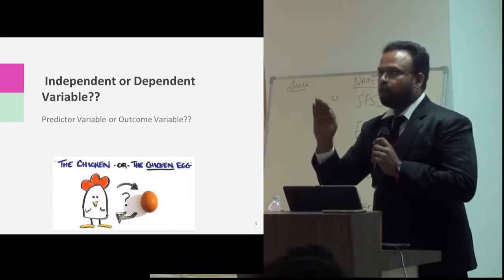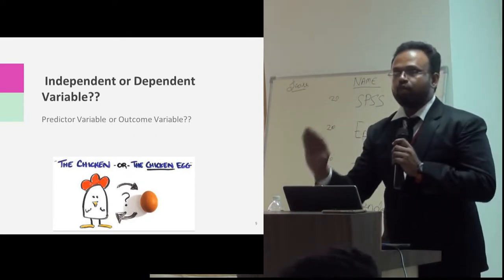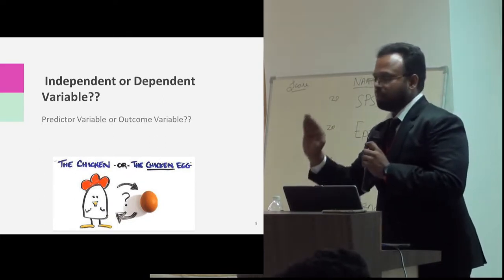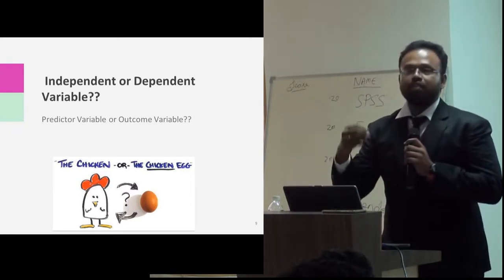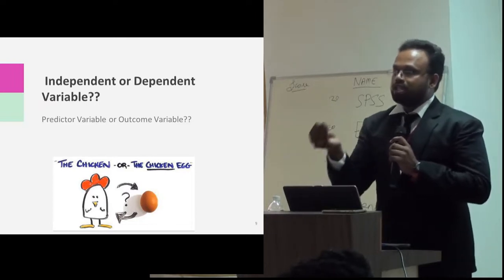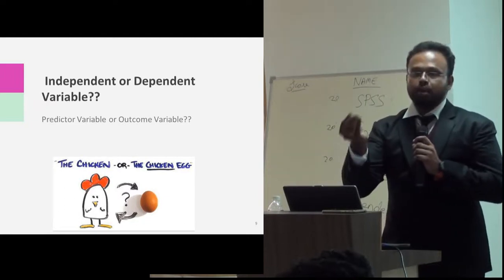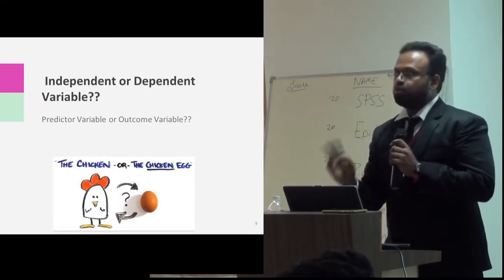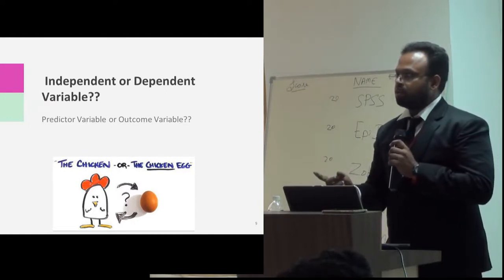But during analysis, you should be clear about what is the dependent variable and what is the independent variable. Otherwise, these variables are called the predictor variable and outcome variable. Your stress level is the outcome variable, year of study is the predictor variable. You should be clear which is causing which. Not like the chicken and egg story.